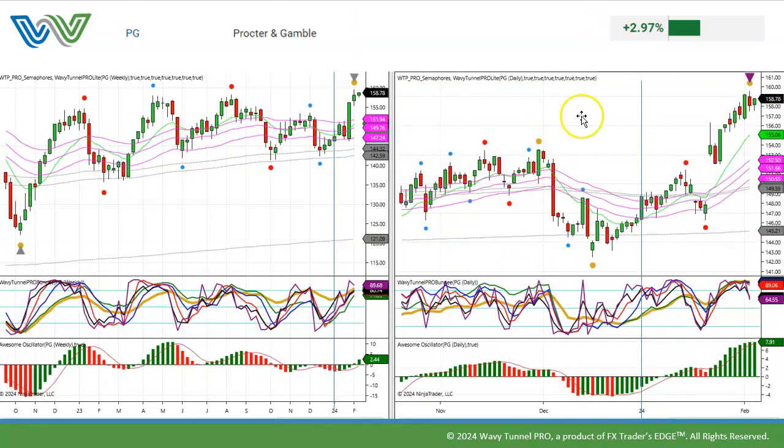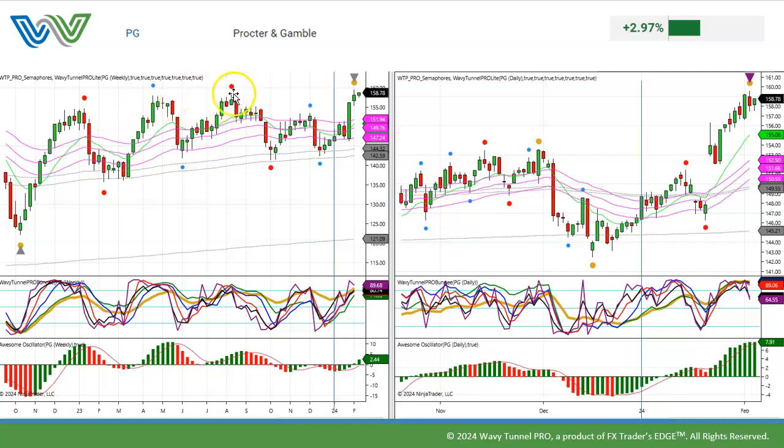This is the biggest holding, Procter & Gamble, in the ETF, and you can see that we had a very long sideways consolidation. Every time the market came down on the weekly into the tunnel, the market bounced, and then finally it took out these market highs and continued higher into these highs.